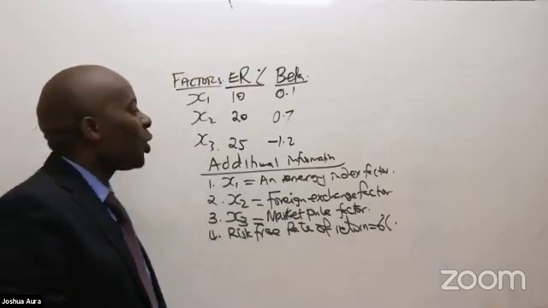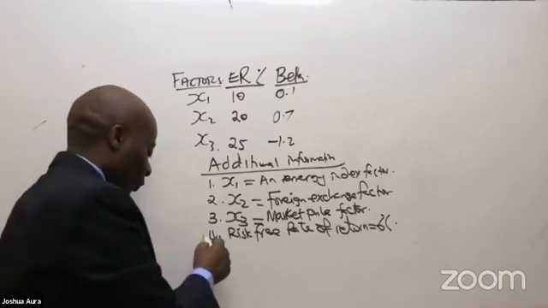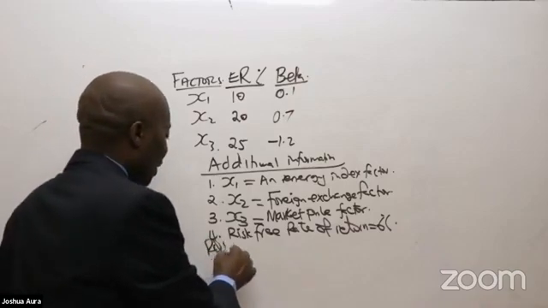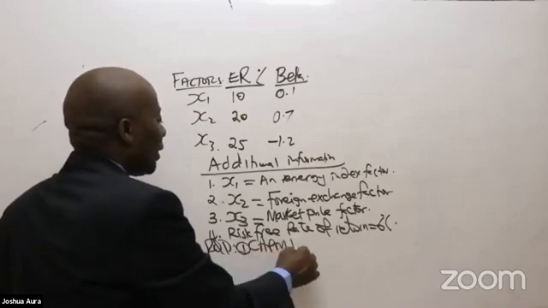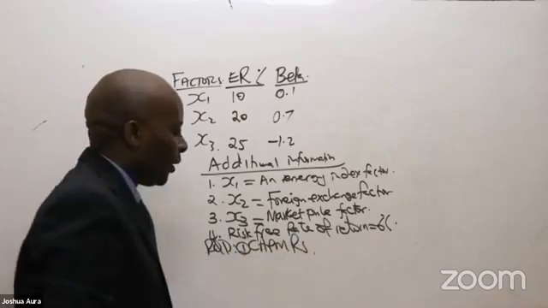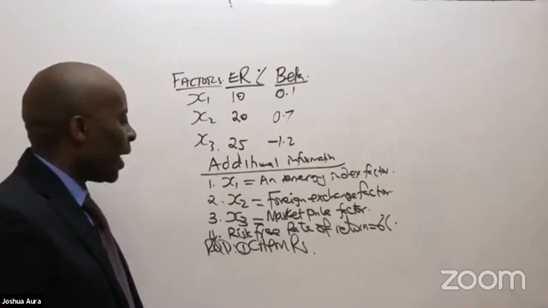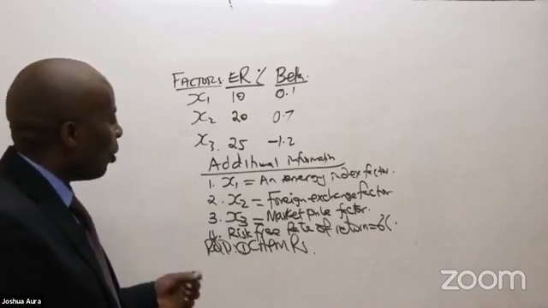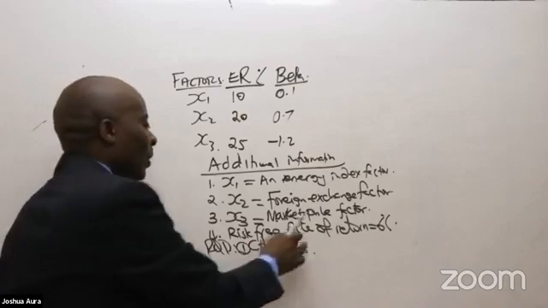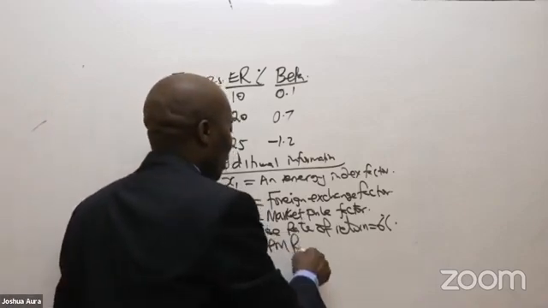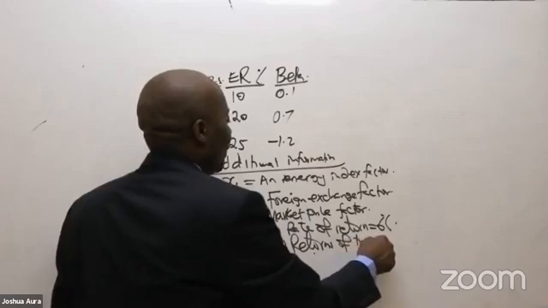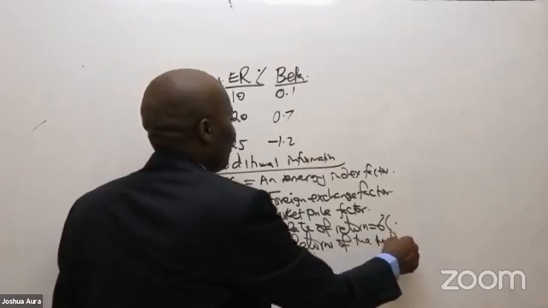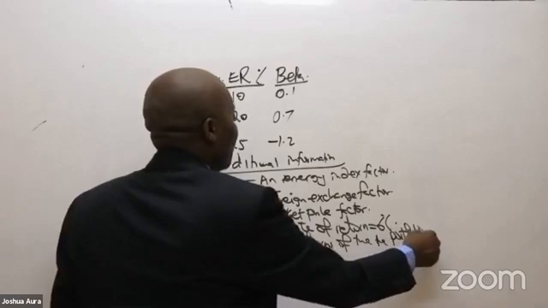So from there, ladies and gentlemen, this examiner needs you to do very simple things. Number one, Roman one, he wants you to get the CAPM returns of the portfolio.